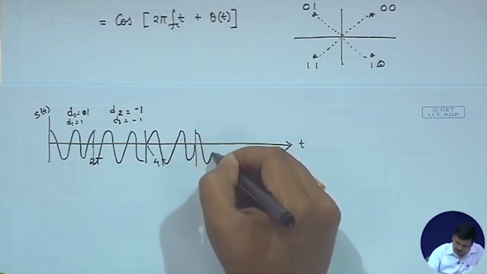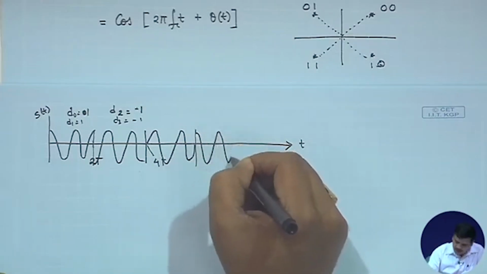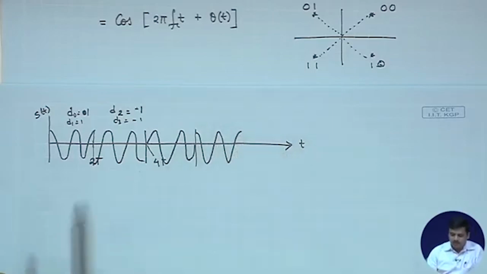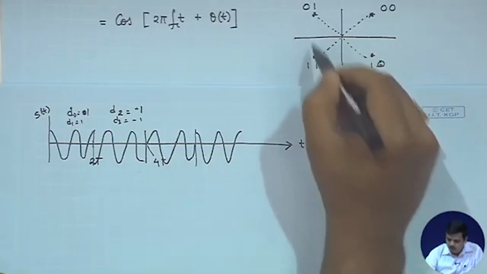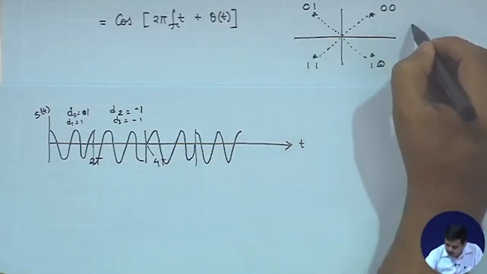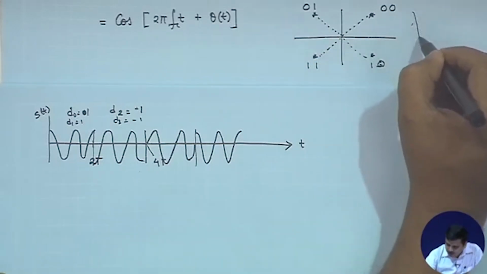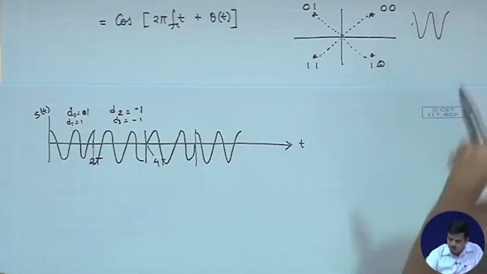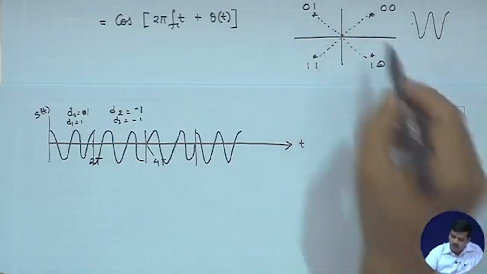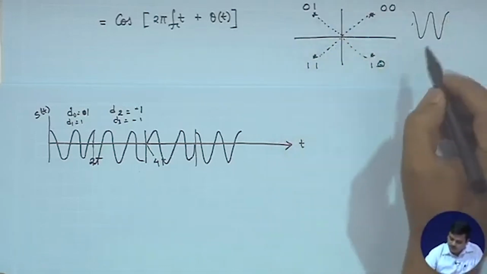That means every 2t interval you are going to get one of these waveforms. So, you are going to have a certain waveform over here, and another waveform. All these different waveforms are going to differ from each other with a phase of pi by 4, pi by 2. So, there is a pi by 2 phase shift relatively between them, right.